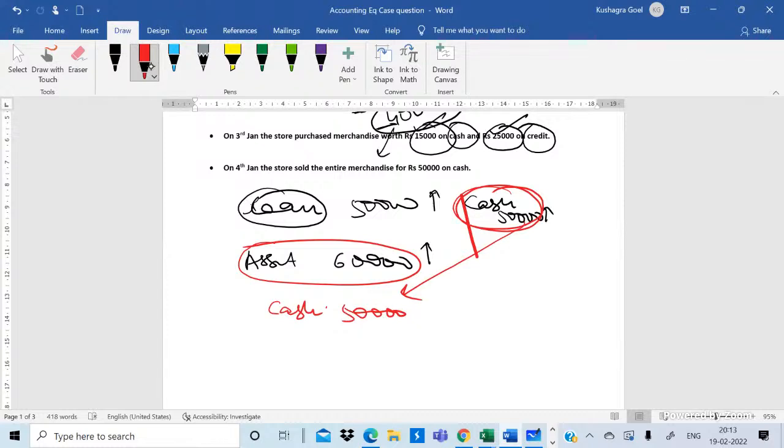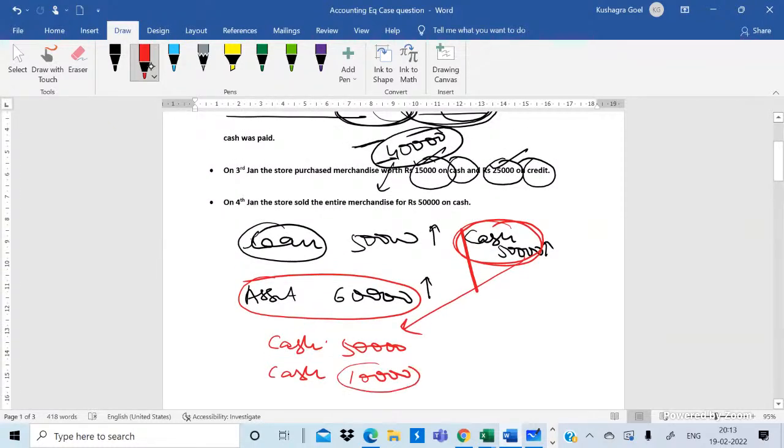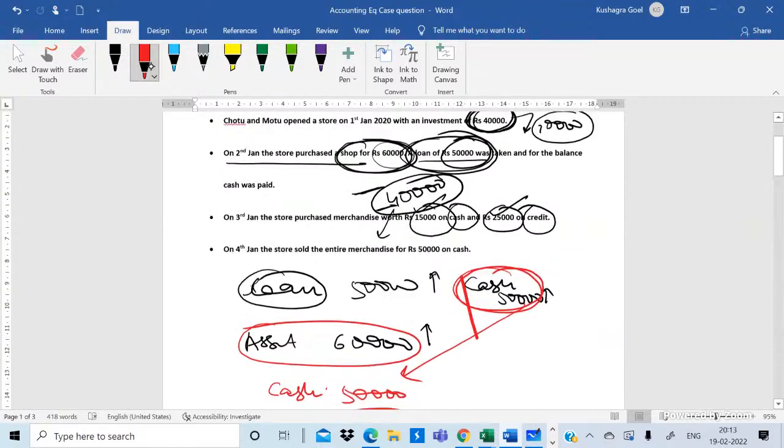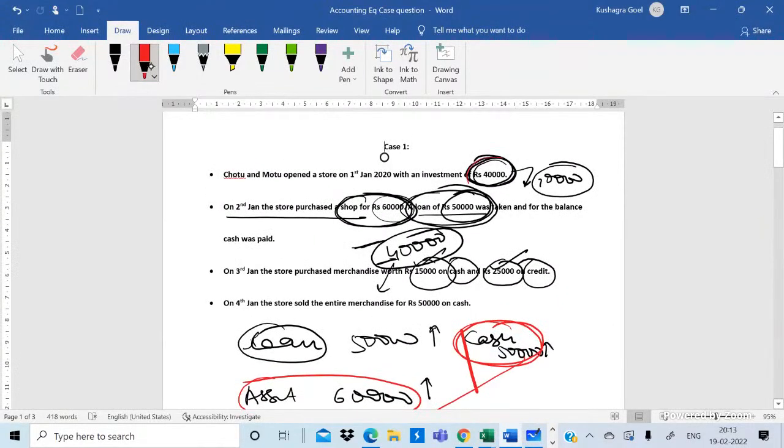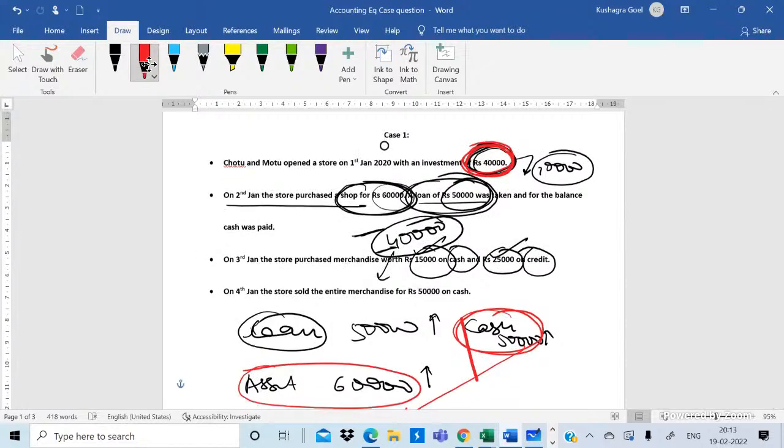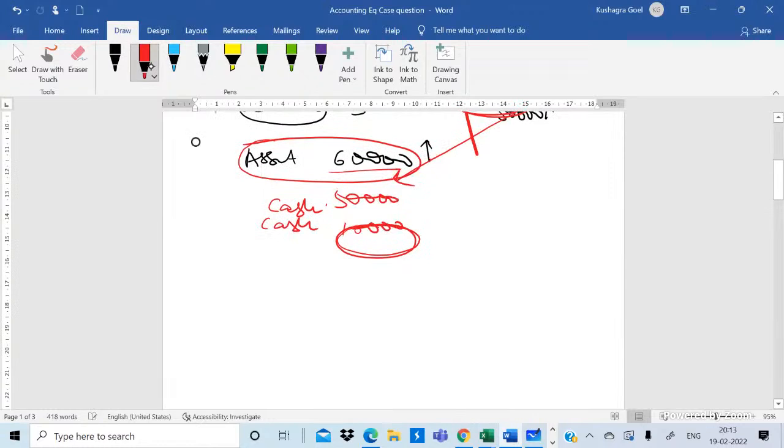But you still need to pay that balance 10,000. So you need 10,000 more worth of cash. From where will it come? This 10,000 worth of cash will be the cash that you got on 1st of Jan from your shareholders. So I'm saying that you're buying assets worth 60,000, you're paying cash worth 60,000.